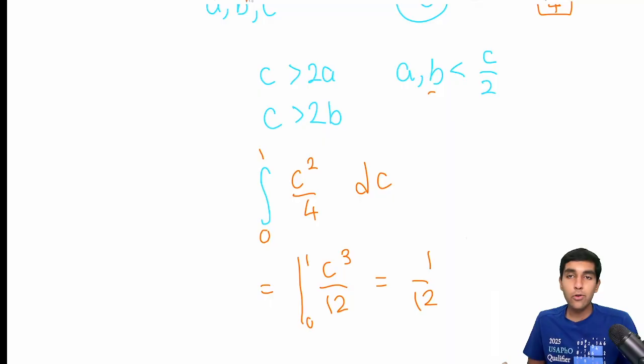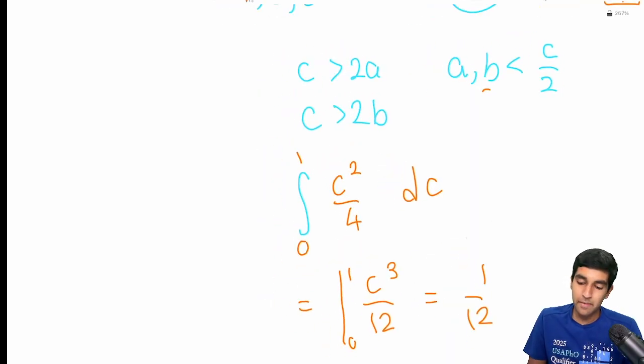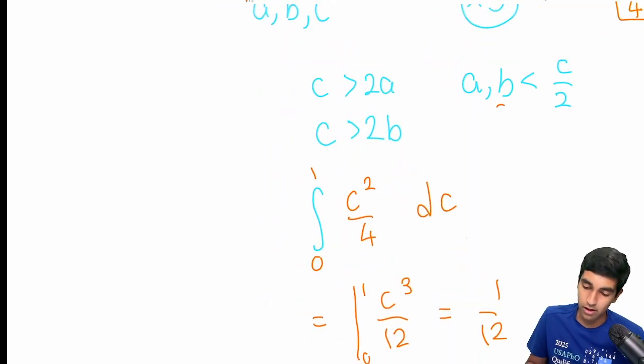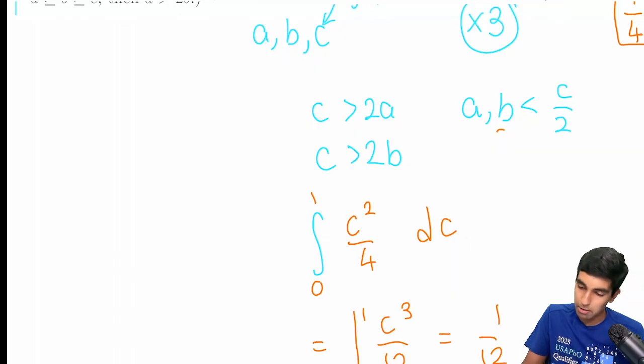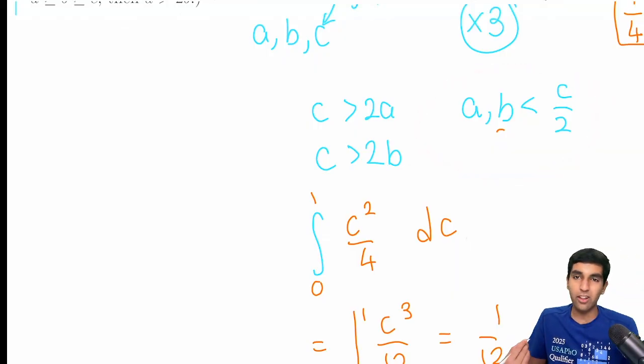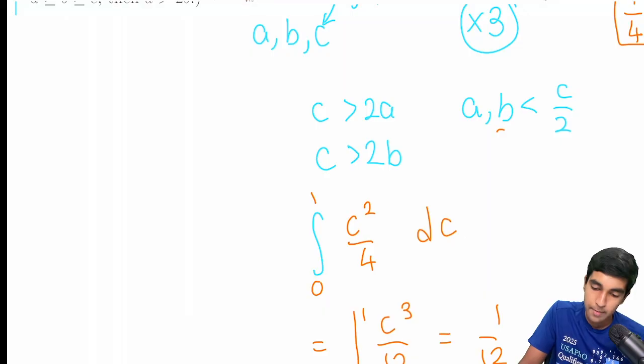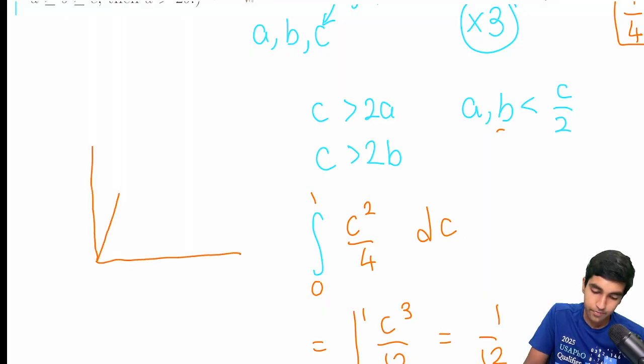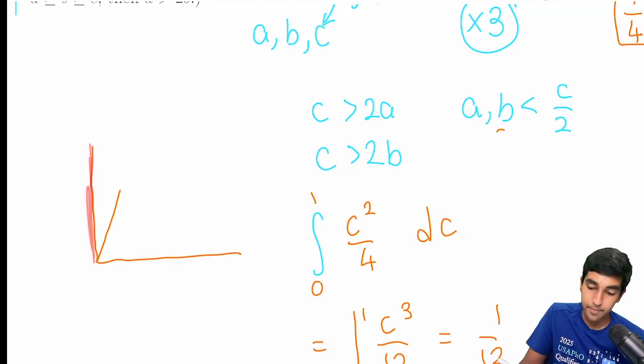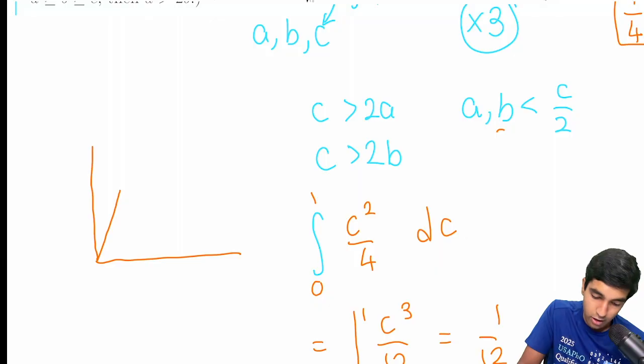Now here's a visual way to think about this, because sometimes figuring out the integral is not always the easiest. The same logic still applies: we're really focusing on C here. That's the crux of this. We're trying to visualize this in 3D. Let's say C is our vertical axis, the c-axis, and this is 1.